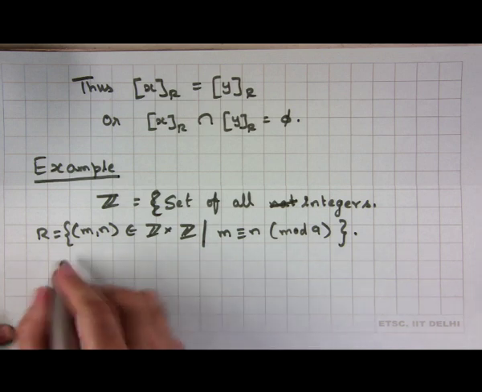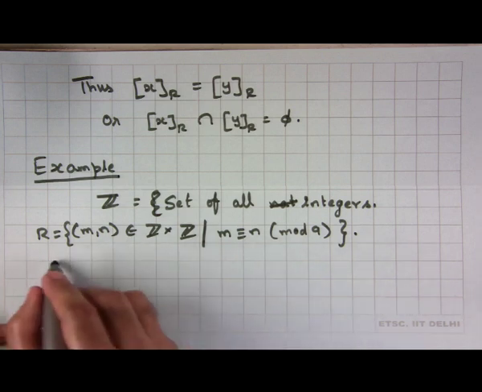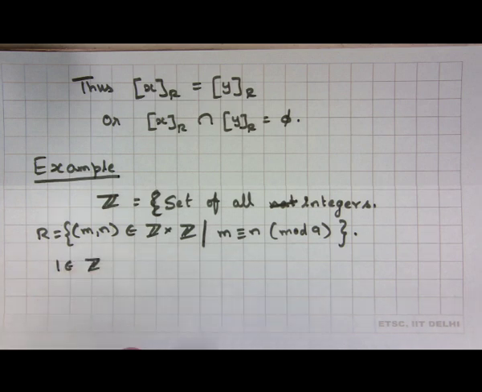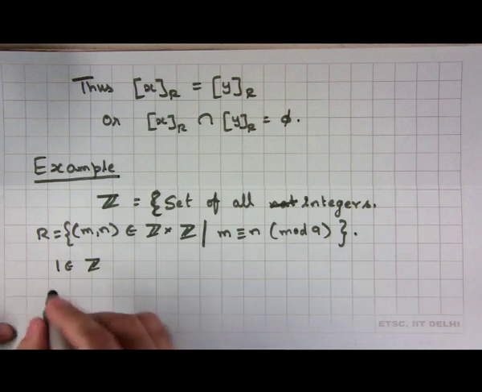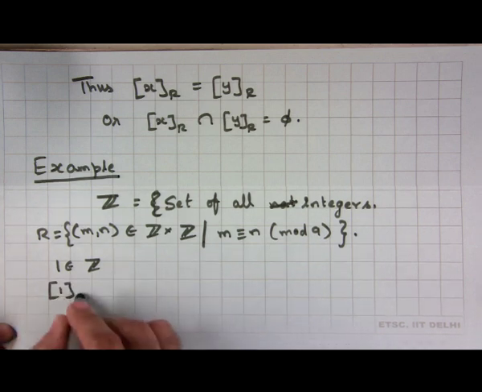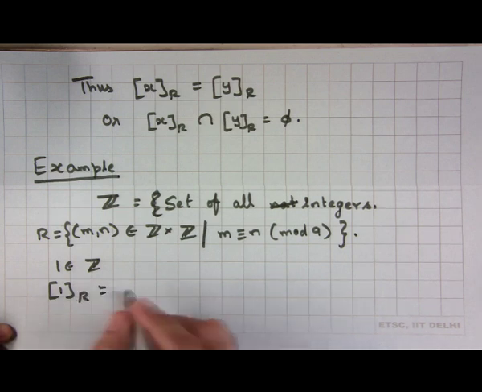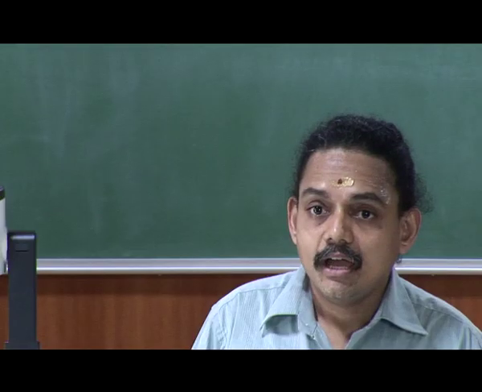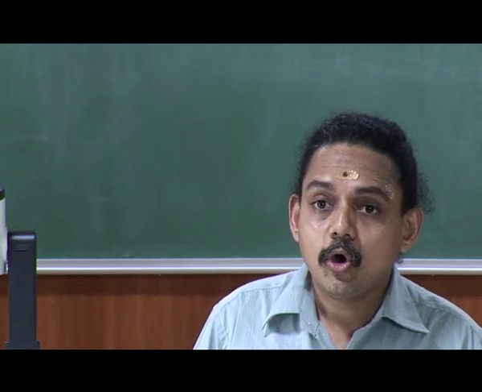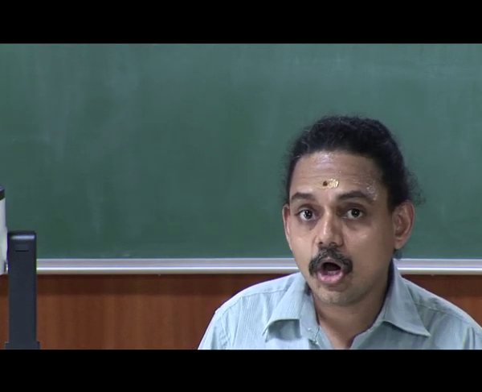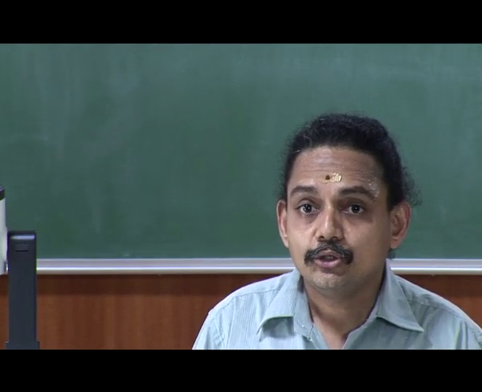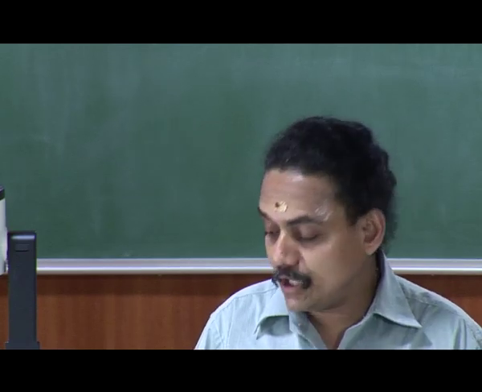So, now let us fix 1 belongs to Z. Now, let us write down the equivalence classes corresponding to 1. So, what is box 1 R? We wanted all those integers m such that m is congruent to 1 modulo 9, or equivalently the difference between m and 1 should be congruent to 0 modulo 9.